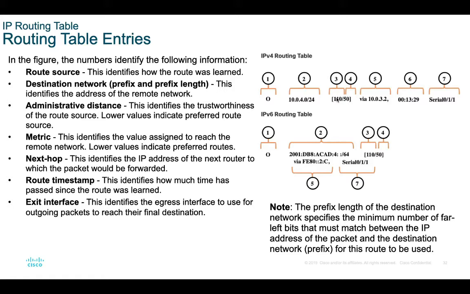Okay, AD, in order to select the most trustworthy protocol, let's say we learn dynamically from other routers with several protocols. From router 1, we learn we can reach network X through protocol OSPF.